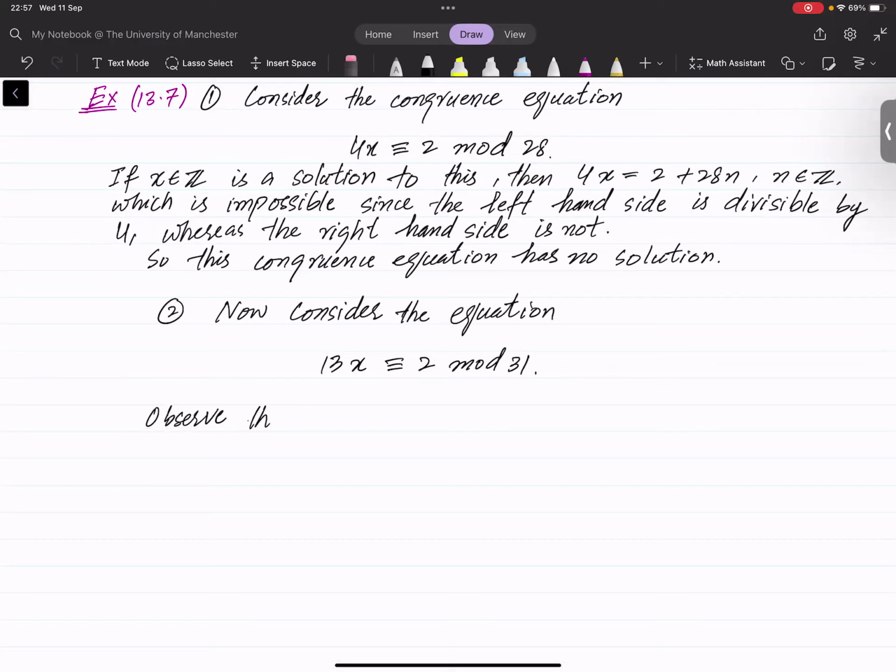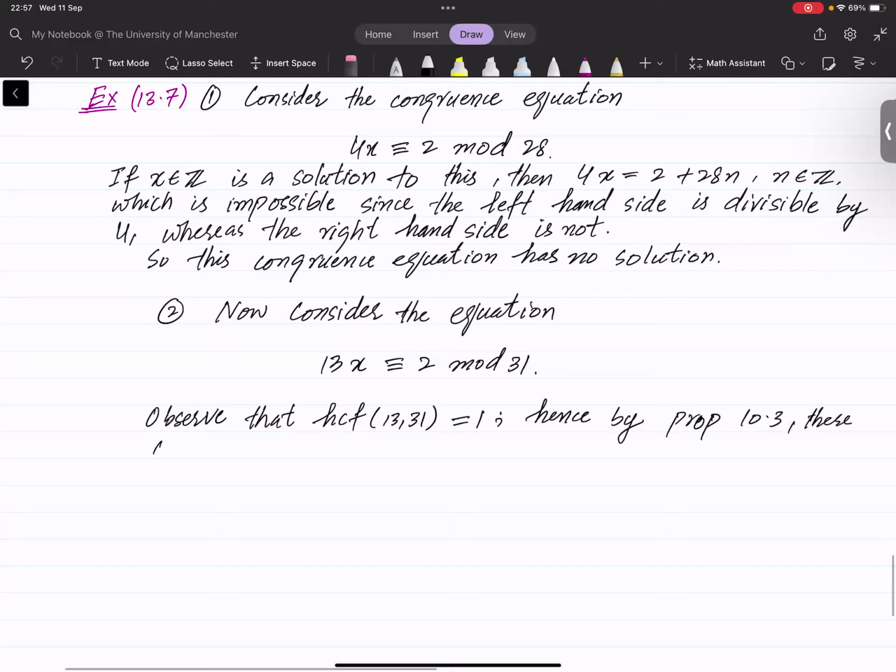Observe that the HCF of 13 and 31 is 1. Hence, by proposition 10.3, there are integers s, t such that 1 can be written as 13s plus 31t.